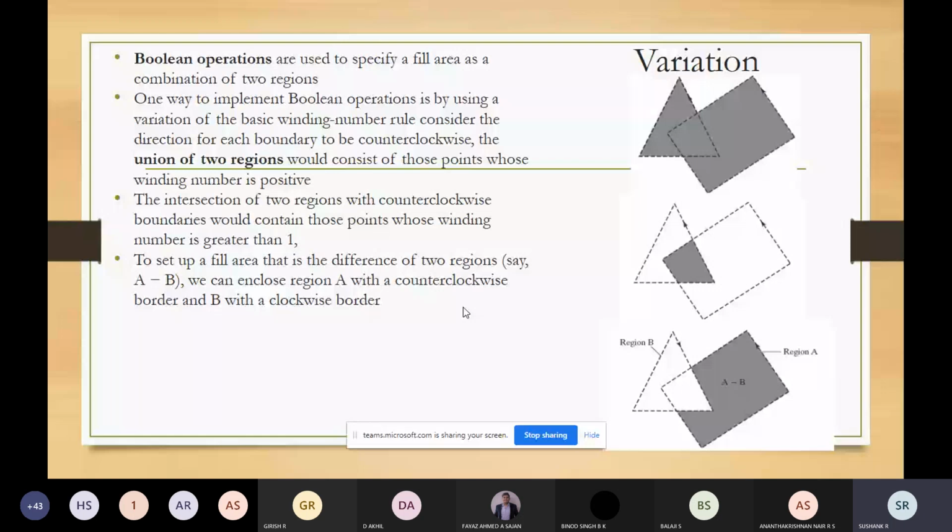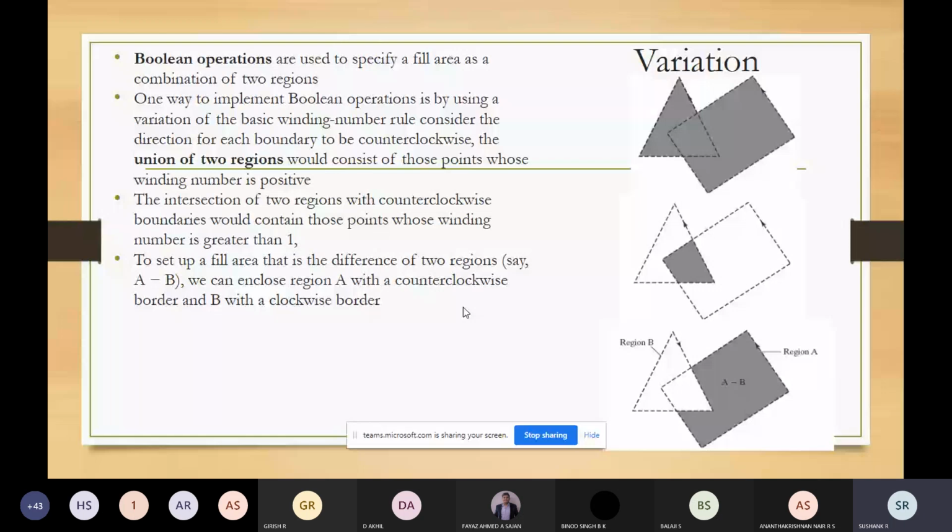These Boolean operations are used to specify the fill areas as a combination of two regions. One way to implement a Boolean operation is by using a variant of the basic winding number rule, considering the direction of each boundary to be anti-clockwise, and then the union of these two regions would consist of only those points where the winding number is positive.